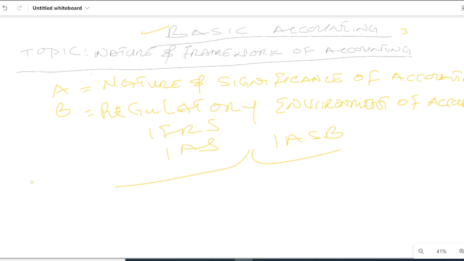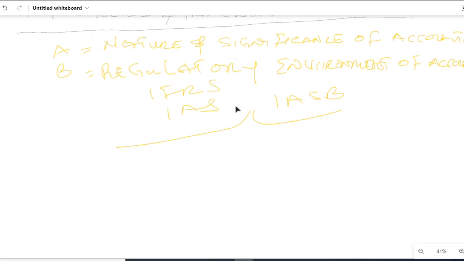Now, without wasting our time, I want us to look at the first part of the topic. As I explained earlier, it's all about the meaning of accounting.